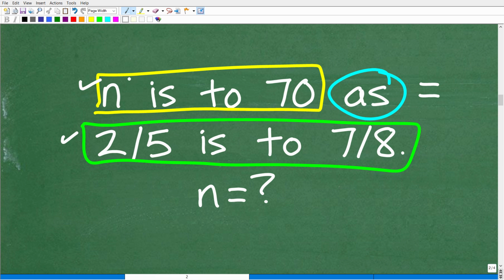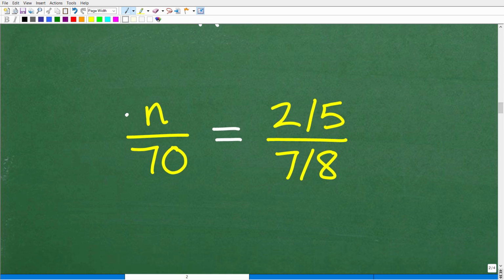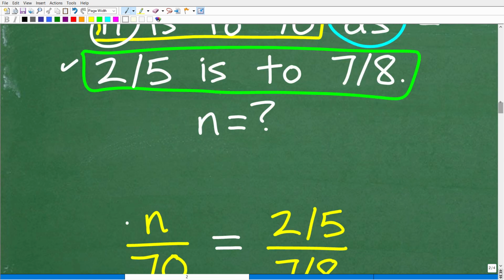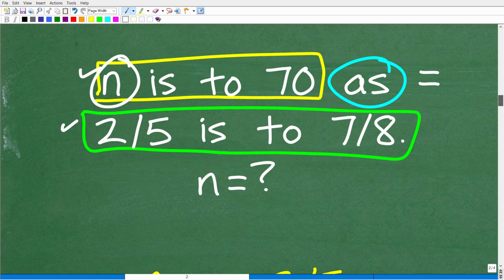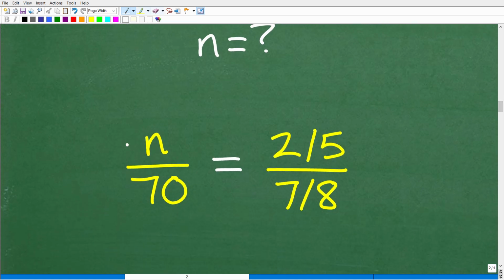And the objective here again is to solve for n. So let's go ahead and set up a proportion. So n is to 70 as 2/5 is to 7/8. Hopefully you understand the translation between this statement and this statement, which of course is an equation. And now what we get to do is use algebra to solve for n.